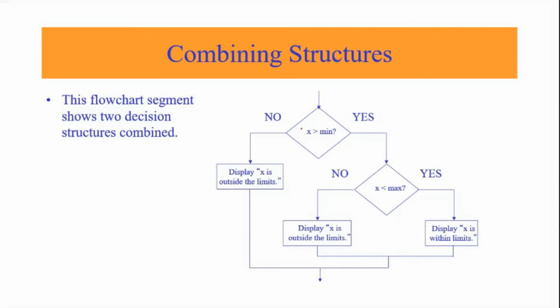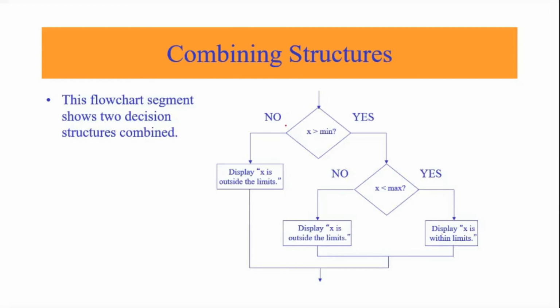We first check whether x is greater than the minimum value, that is 60. If x is greater than 60, we then check whether x is less than 100. If x is less than 100, that means x is within the limits. And if x is greater than the maximum value, then display x is outside the limits.